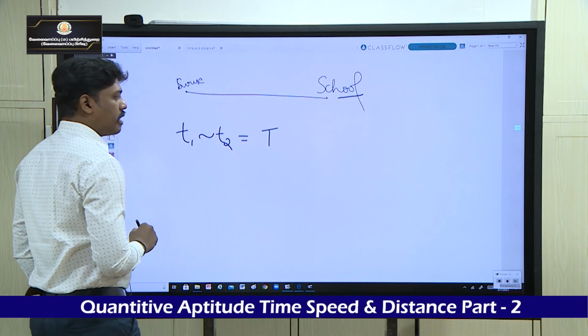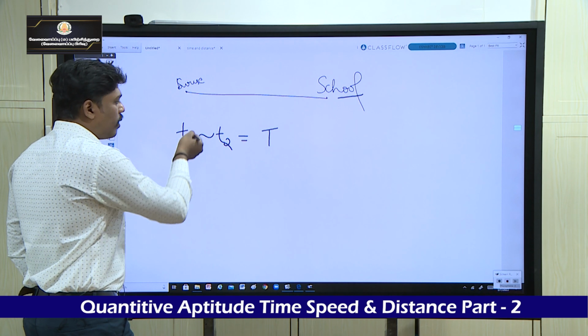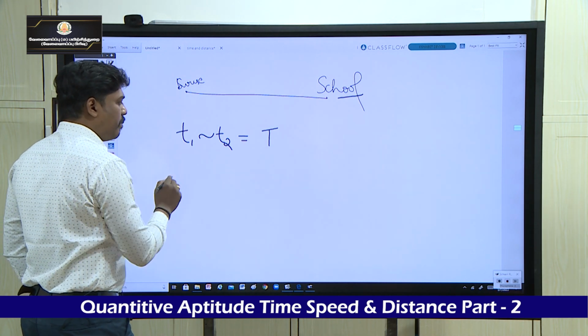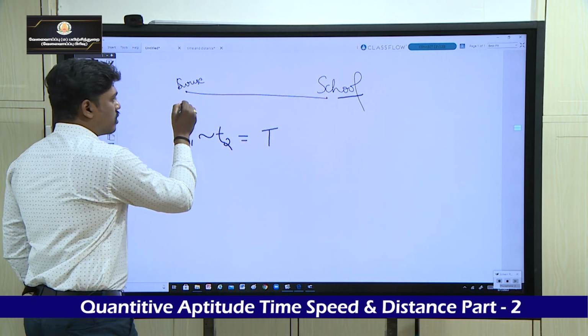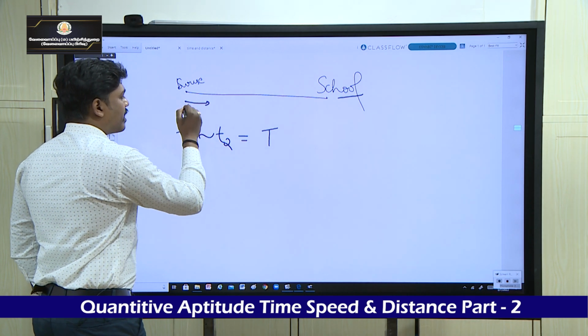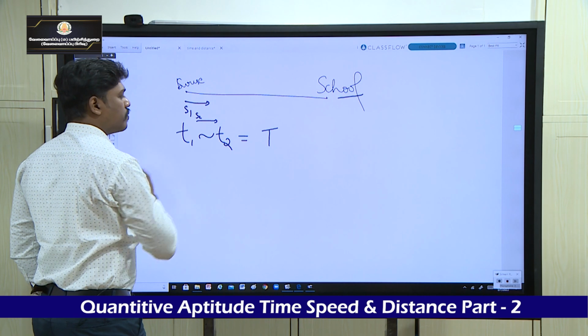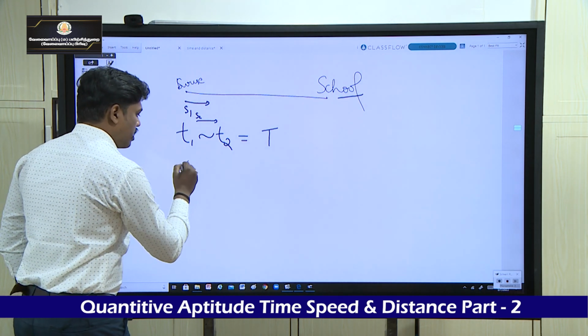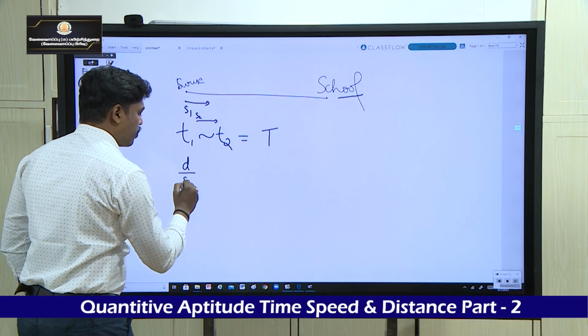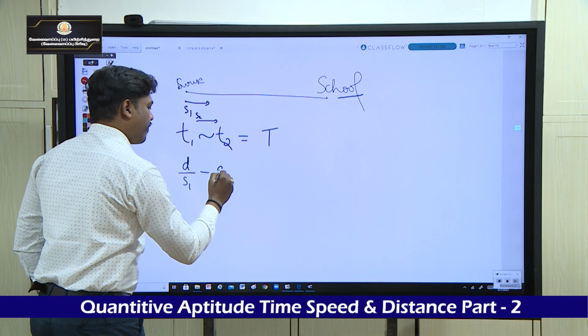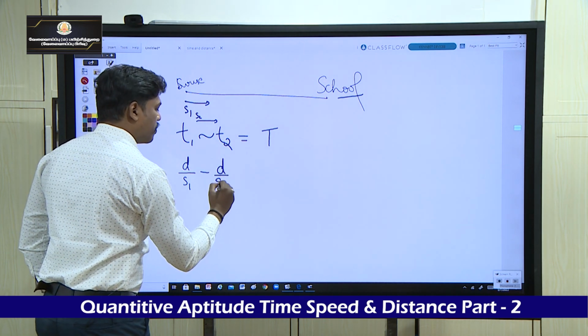Take as T. Okay. So what is time here? Time is distance by speed. So first he is moving at a speed of S1. Later he is moving at a speed of S2. Okay. So here distance by S1 minus or difference distance by S2.